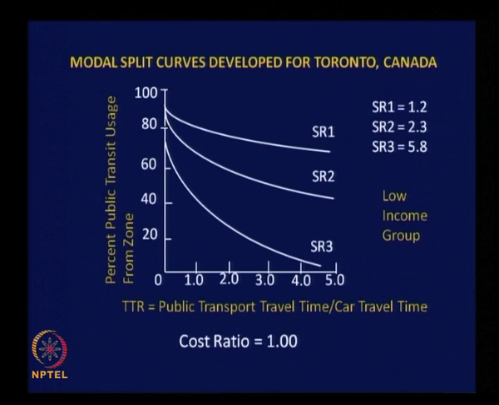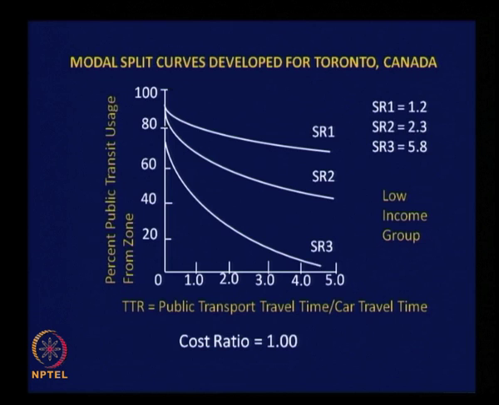For a given value of travel time ratio, let us say we are interested to know what will be the use of transit by this particular low income group when the travel time ratio is 2.